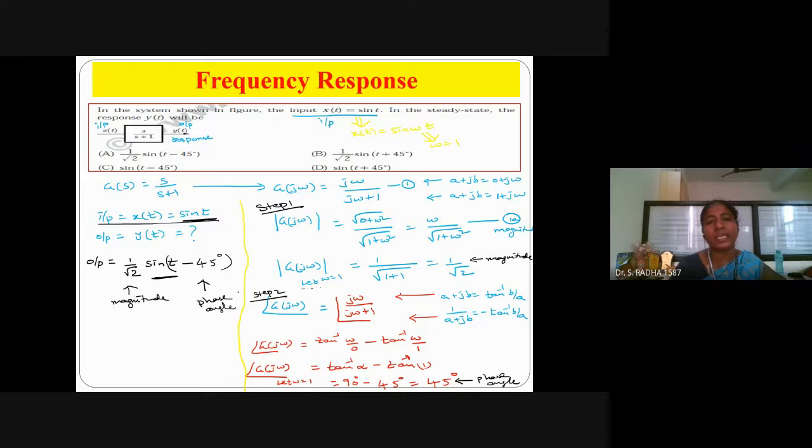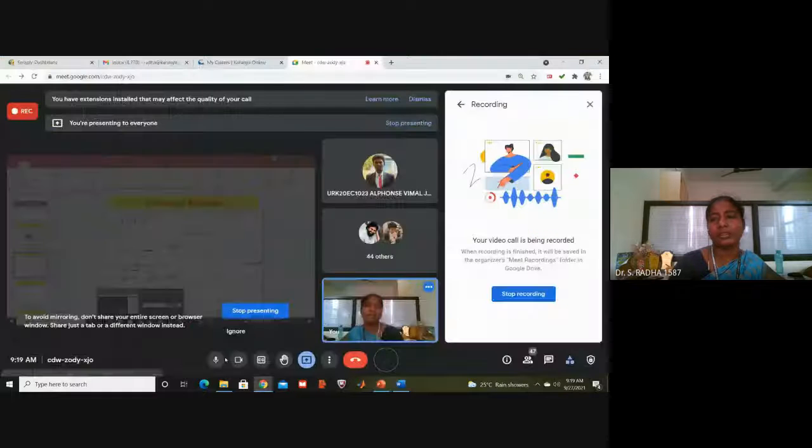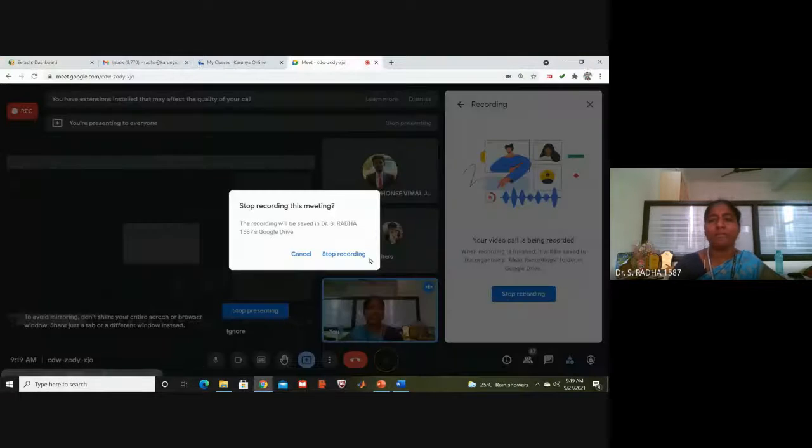The input phase angle is 0, omega t plus or minus 0. Here there is a small change in the phase angle. In the general representation, whatever value you are getting, there should be a delay applied to that. So we are getting the theoretical point we are noting down.